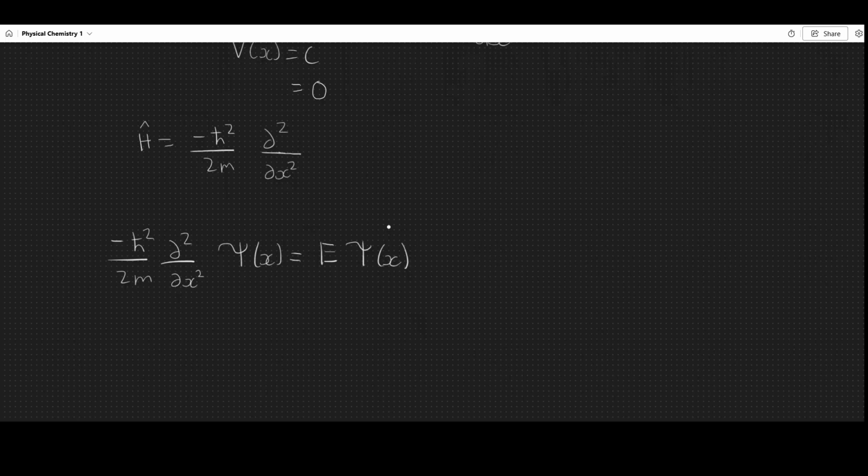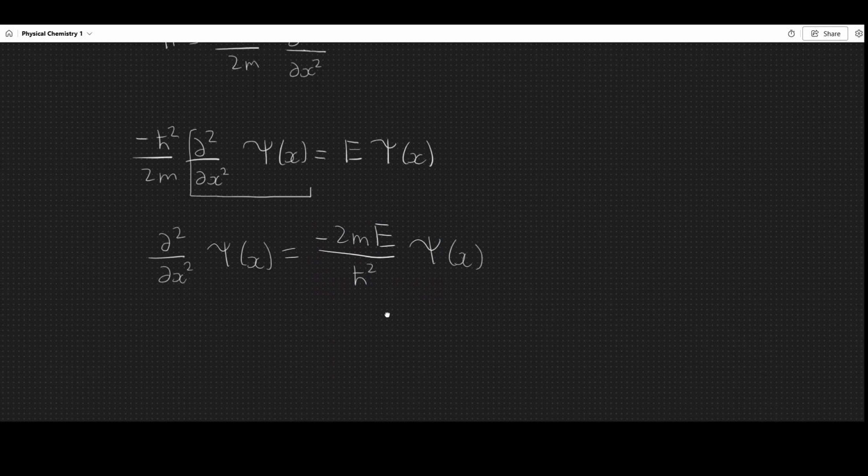Let's multiply both sides by 2m, divide by h bar squared, and get just this part alone so that we can combine the energy with all these constants. So we get del squared over del x squared of psi of x is equivalent to minus 2mE over h bar squared times psi of x.